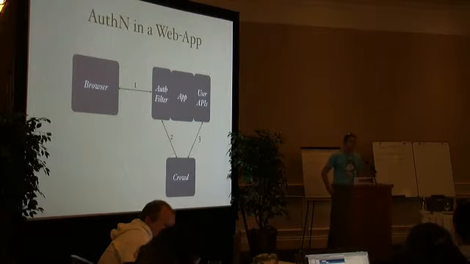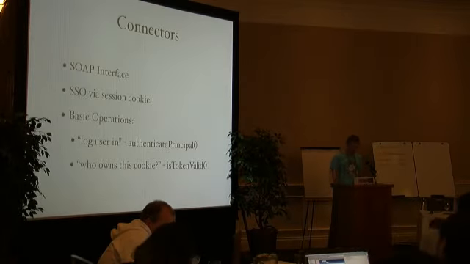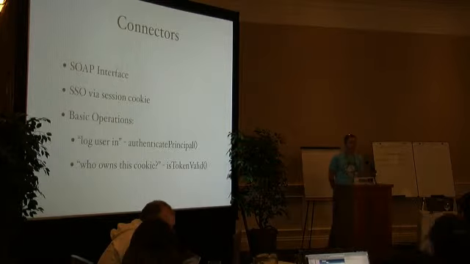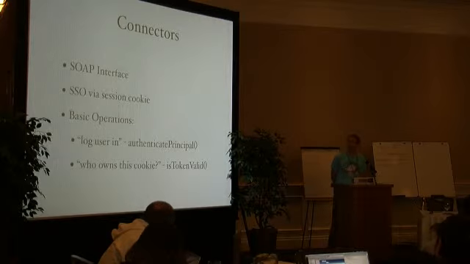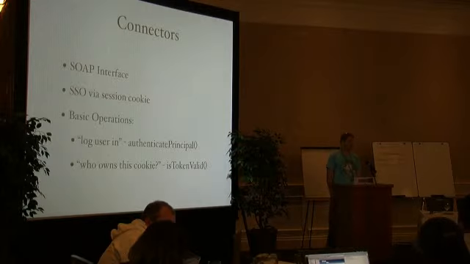And again, you can just delegate all the hard work to Crowd and do a little bit of SOAP magic. SOAP has a little bit of a learning curve. If you've never worked with it, you're going to curse for a bit. But we have Java libraries. There's Ruby, PHP, .NET, Perl, and various other ones I'm probably forgetting. So you can just pick it up and run with those.